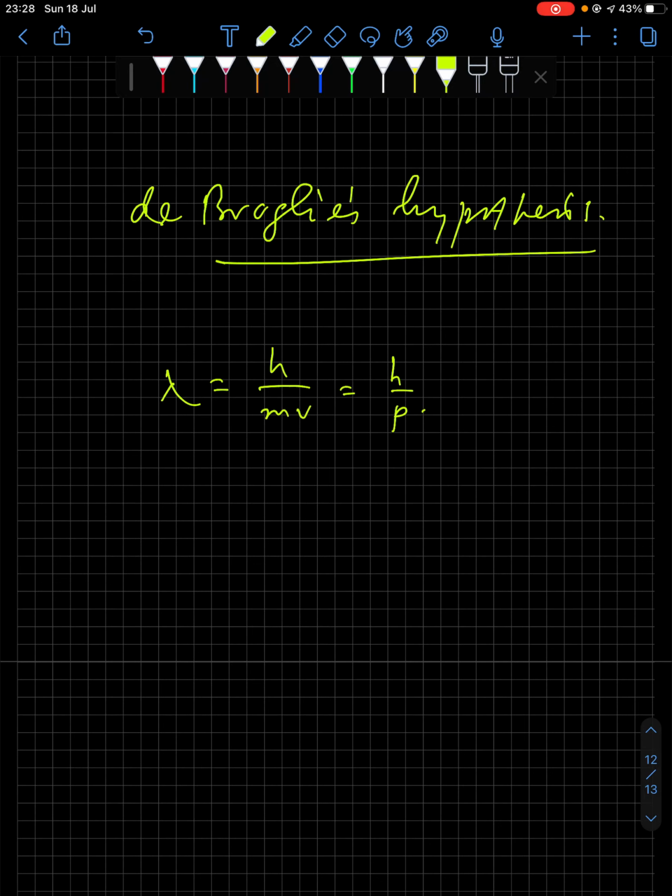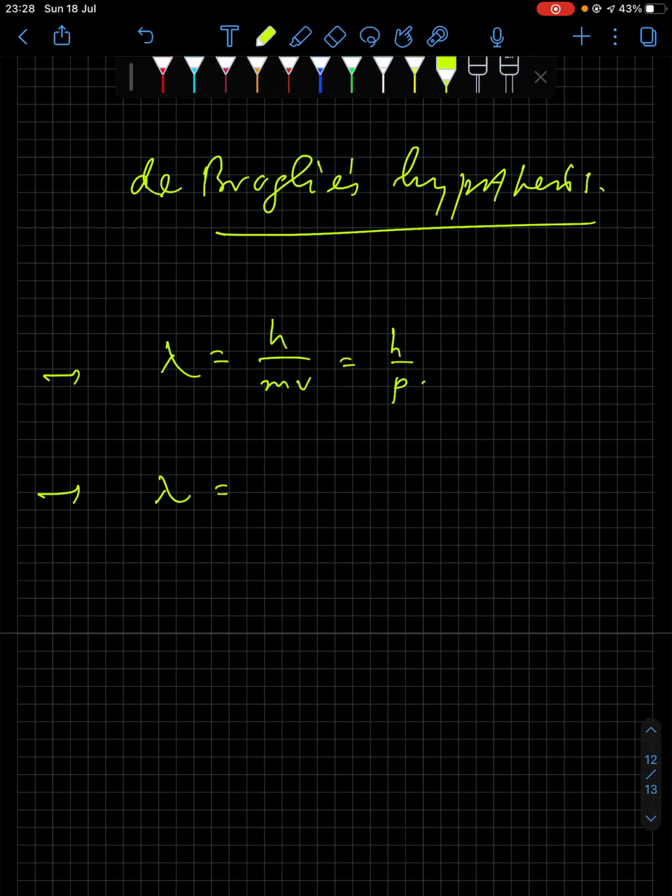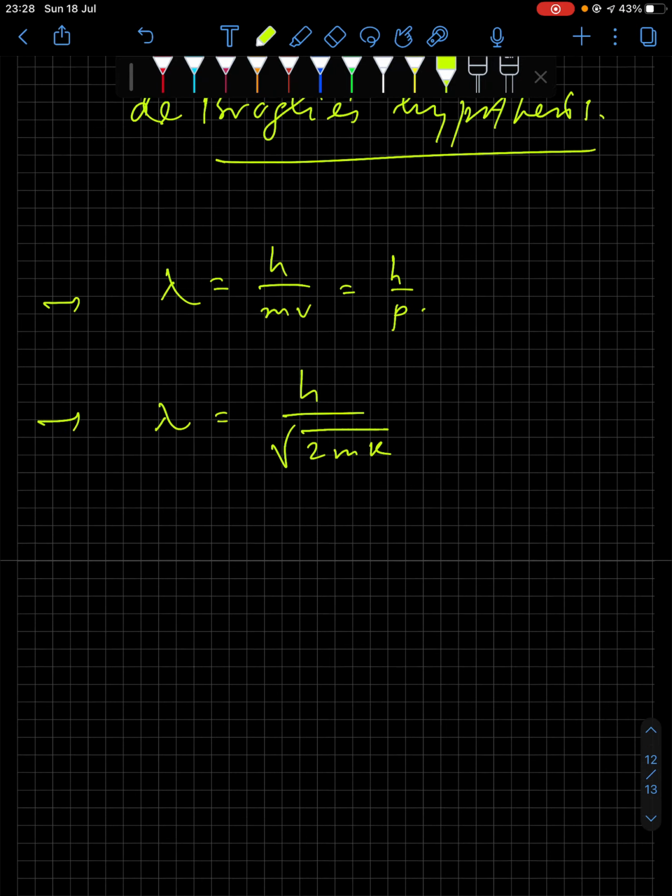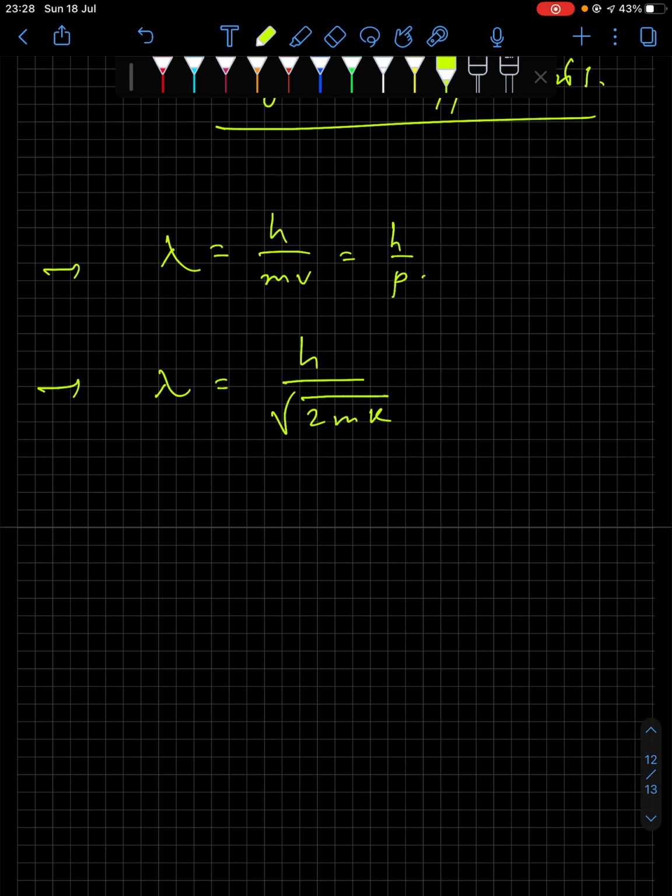Okay, so we came across a couple of relations. This was the relation between wavelength and momentum. Then we have a relation between wavelength and kinetic energy: h by root over 2mK, where K is the kinetic energy.